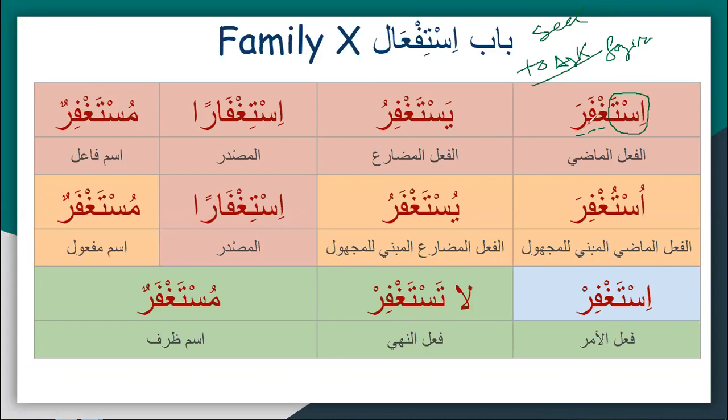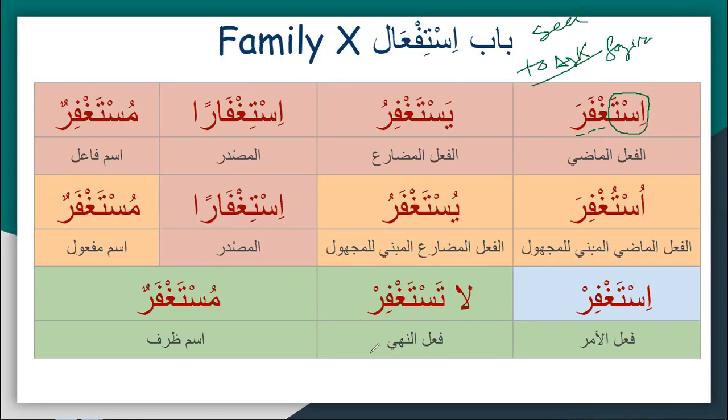Istaghfara means he asked for forgiveness. Yastaghfiru means he asks for forgiveness. Istighfaran means to ask forgiveness. Mustaghfirun means the one who asks for forgiveness. Ustughfira yustaghfaru istighfaran fahuwa mustaghfarun. Al-amru minhu istaghfir, ask for forgiveness. Nahyu anhu la tastaghfir, don't ask for forgiveness. Wa zarfu minhu mustaghfar. Mustaghfar means the time or place of asking for forgiveness.